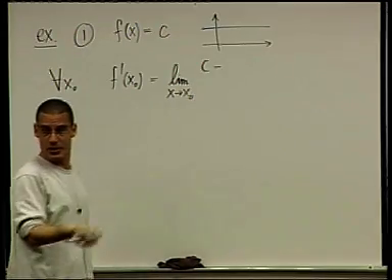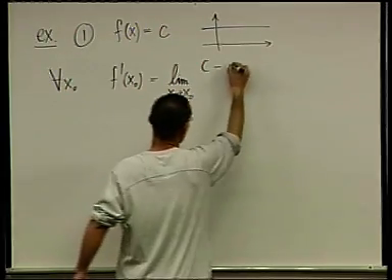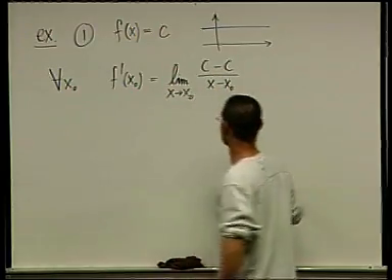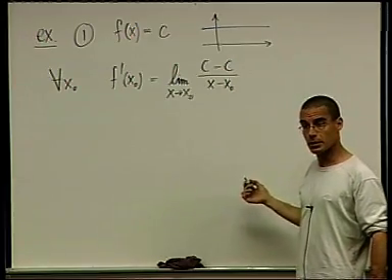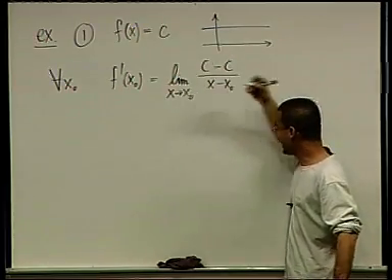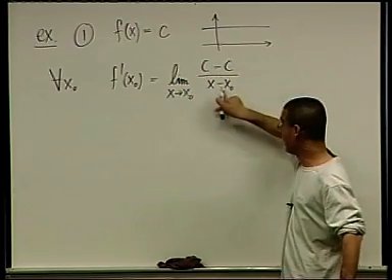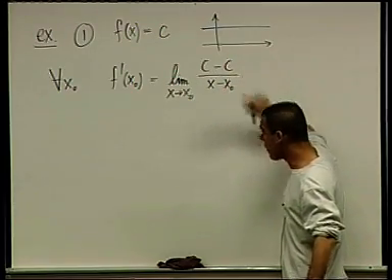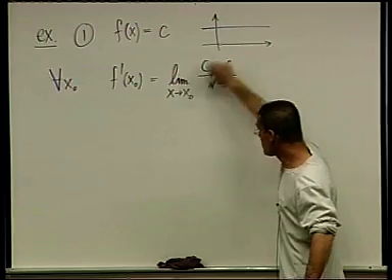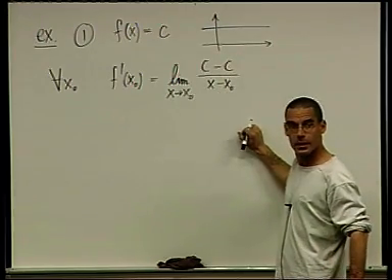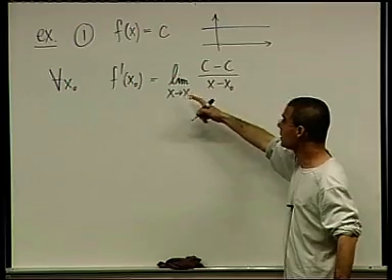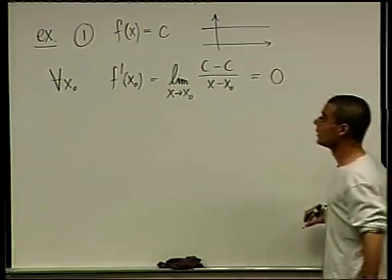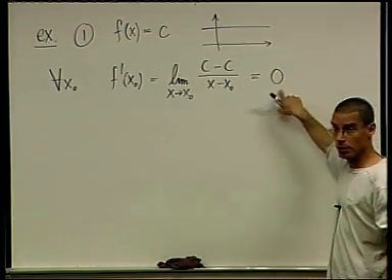Minus f of x0, c, divided by x minus x0. Do you agree? Now, the top here is identically 0. The bottom is not. Do you agree? So for any fixed x, this expression is 0. Therefore, this is a limit of zeros, and that limit is 0. So the derivative of a constant function is 0 at any point.